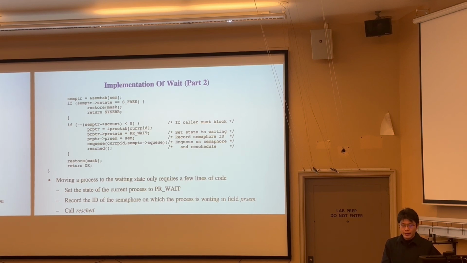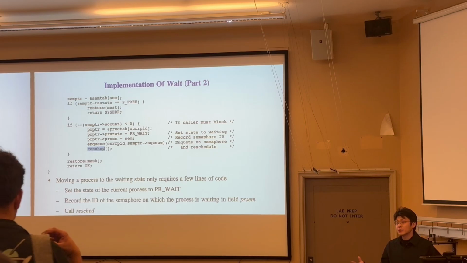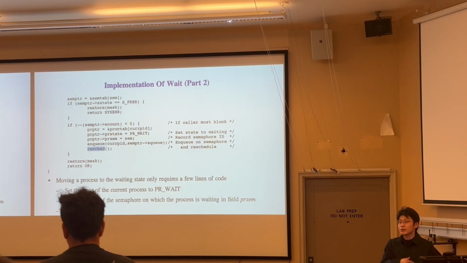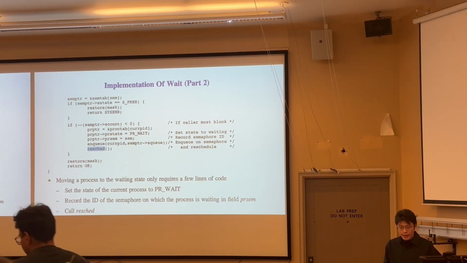In the future, when will this process be switched in again? The current process calls wait, gets blocked on this semaphore, and calls rescale, which means the current process is switched out.